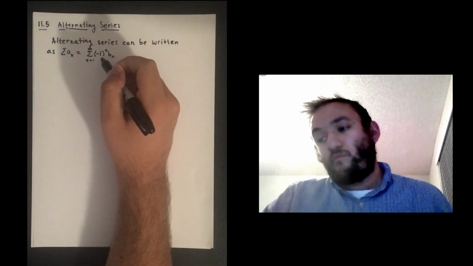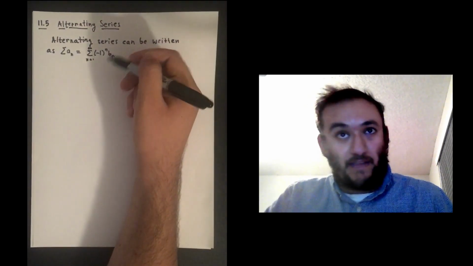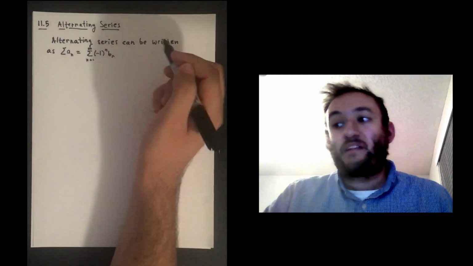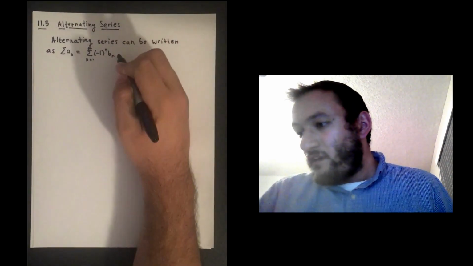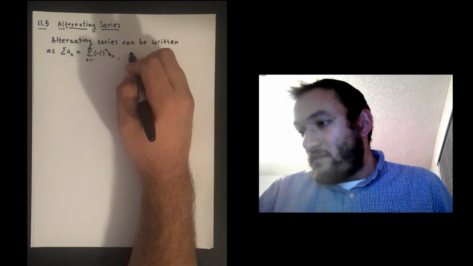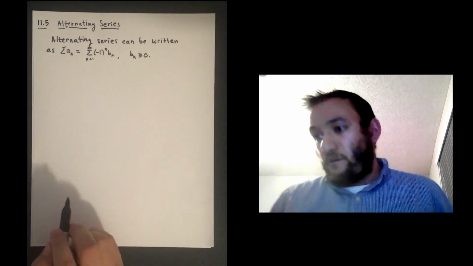And what happens when n is odd is that (-1)^n is negative. When n is even, (-1)^n is positive. And these b_n's will be greater than or equal to 0.